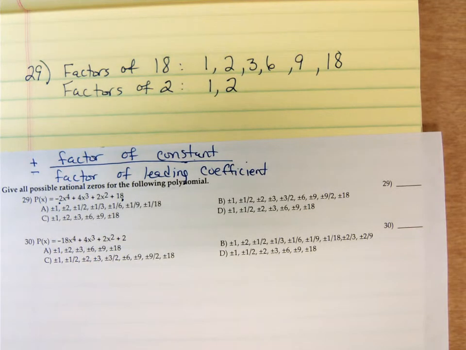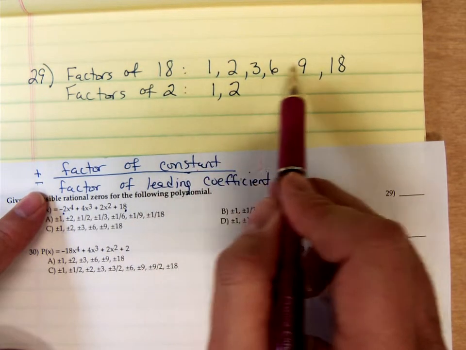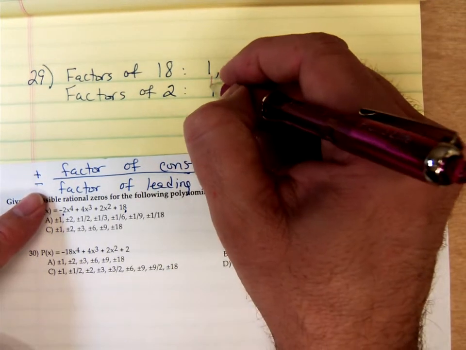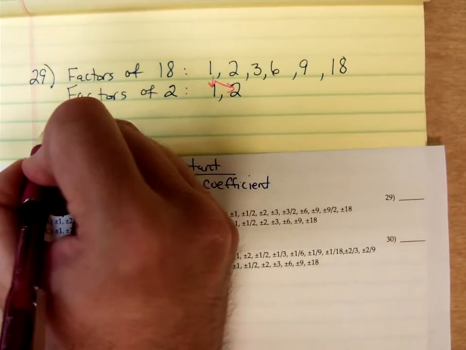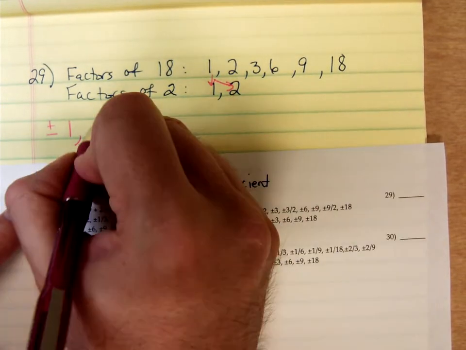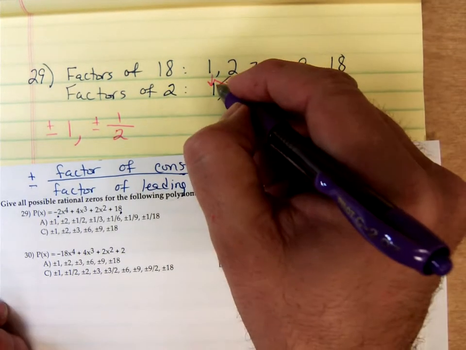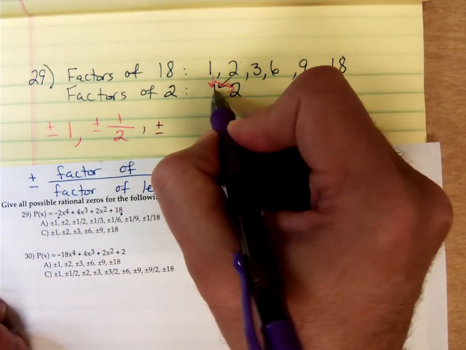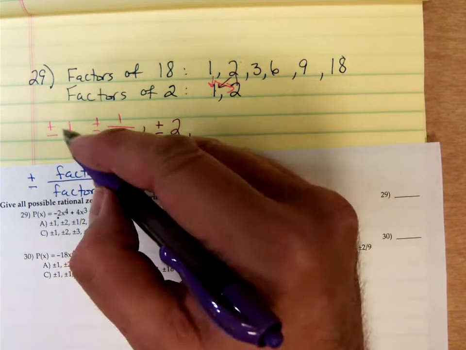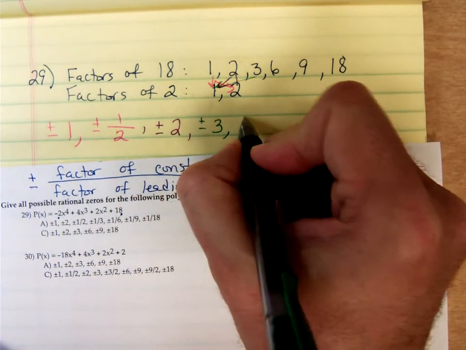And now, you're going to actually start making the fractions. Take each one of these numbers and put it over each one of these. So, plus minus 1 over 1 is 1. Then plus minus 1 over 2. Move on. Plus minus 2 over 1 is 2. 2 over 2, we've already listed that. That's 1. 3 over 1. 3 over 2.